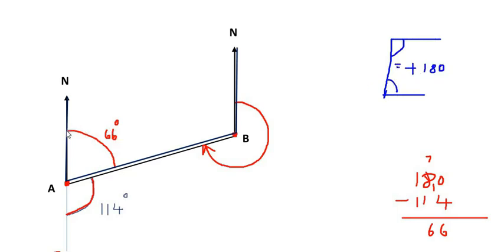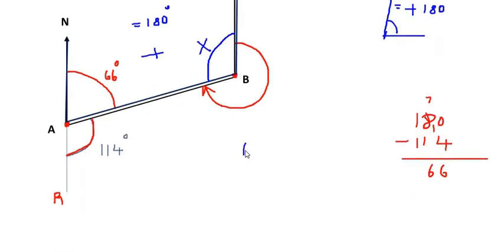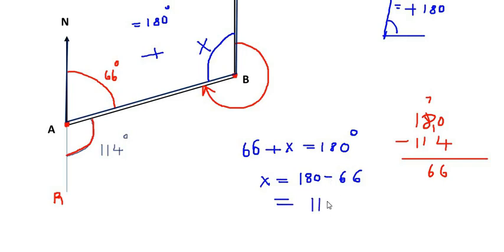That means 66 degrees plus this angle, let me take this as X, should add up to and equal to 180 degrees since they are corresponding angles. They look like a C angle. So 66 degrees plus X is equal to 180 degrees. So X is equal to 180 degrees minus 66. So let us see how much we get. We get it as 114 degrees.